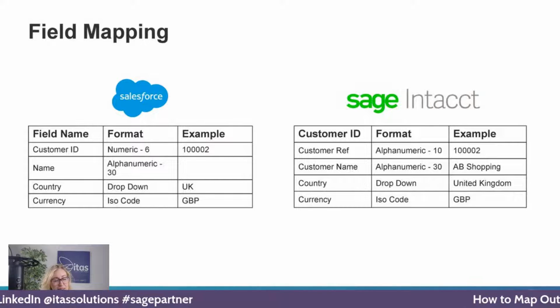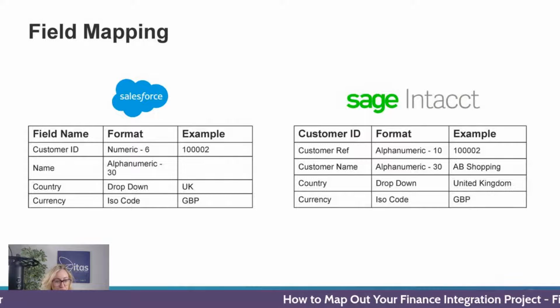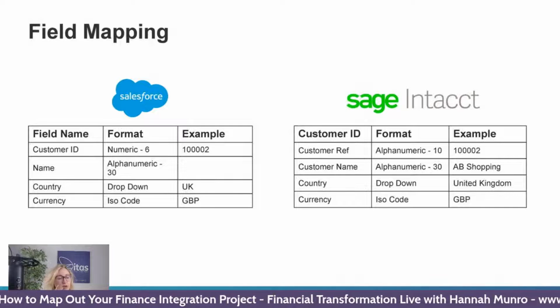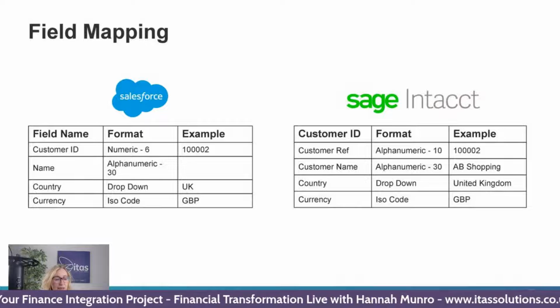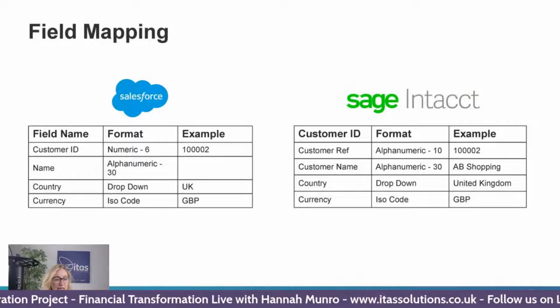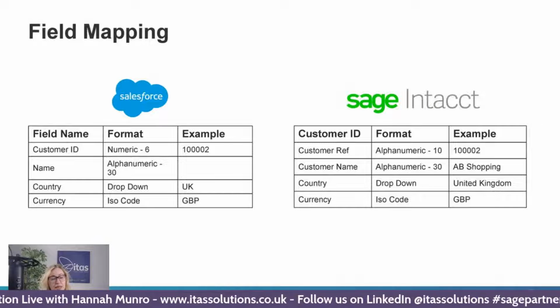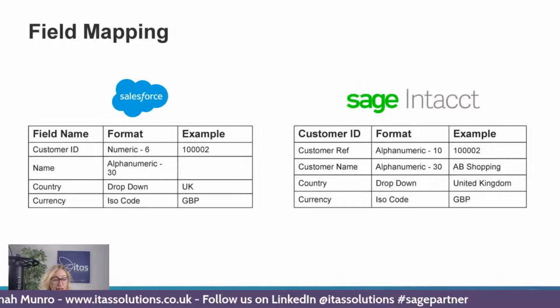What's the format? And can you give me an example? Because you can see, for instance, country, which is third down on both sides, has a completely different drop-down set. One says UK, one says United Kingdom. Now, if you try to push that across, you're going to get a fail.